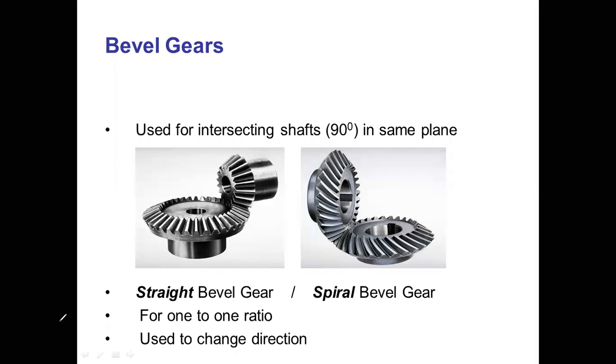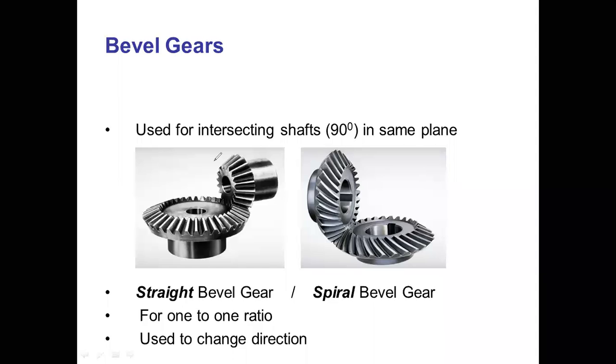Bevel gears are available as per our requirements, in various forms. While running at high speed, less noise is generated. If we see, the noise generation in a bevel gear is less as compared to spur and helical gears. The space required is less.